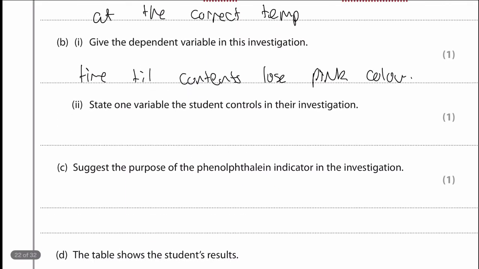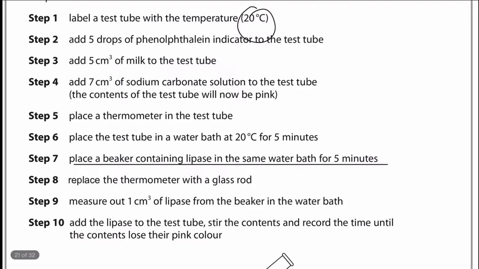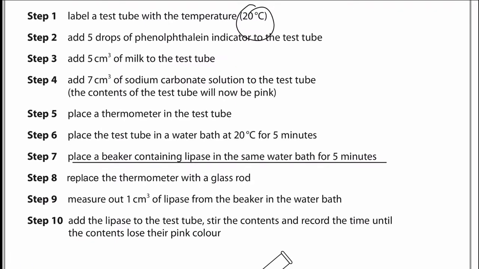State one variable the student controls in the investigation. Let's see. Well, there's many things here. They might not be completely explicitly said, but we can see them by just inferring them from the steps. So first thing is that the volume of lipase is fixed. He's using a fixed volume of lipase. What else? Well, the volume of milk, we can see 5 centimeters cubed of milk.